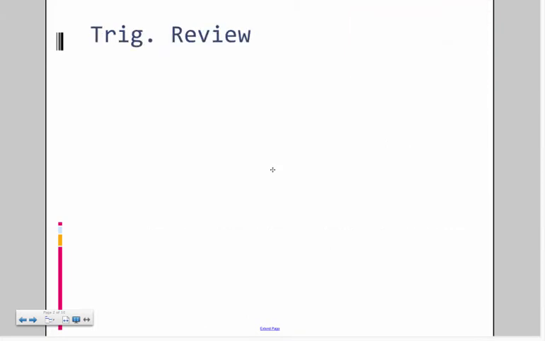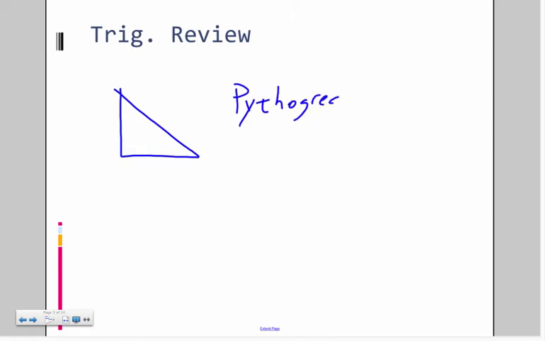So we need to review some trigonometry. You've had some trig in your math classes, even if you've not taken trigonometry as a separate class. But the first one, and the one you probably were first introduced to, was Pythagorean theorem. And you can put Pythagorean theorem on your formula page if you insist. You can even include the diagram here if you'd like.